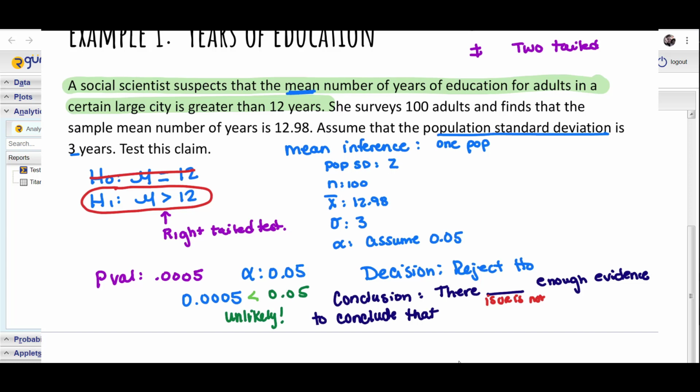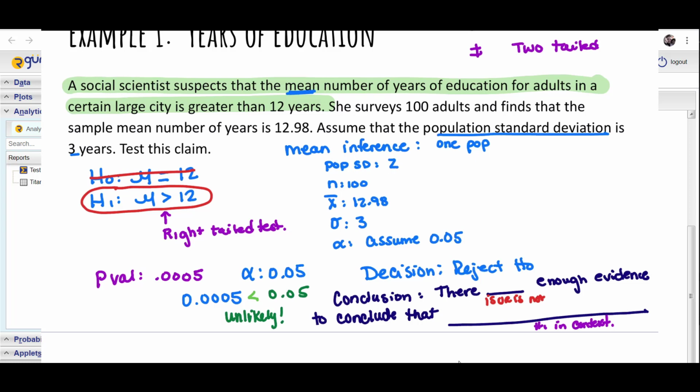that, and then basically you're going to put in H1 in context. So H1 said that the mean is greater than 12, but you got to put this in context.